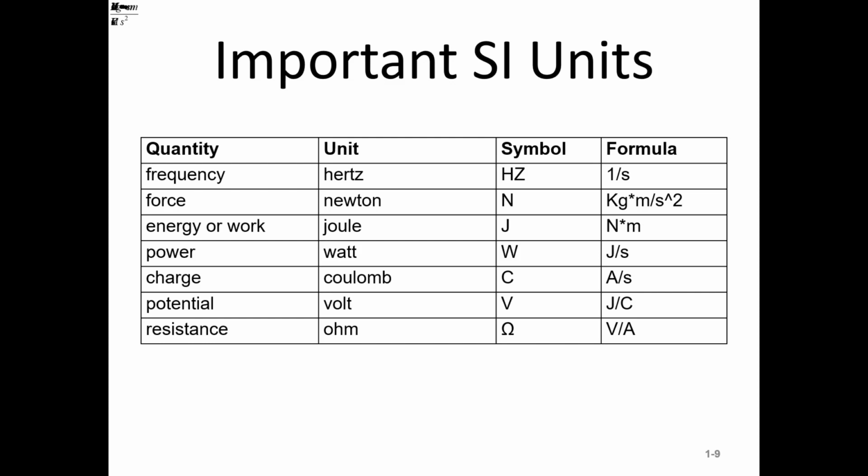The simplest one you could derive is frequency. That's 1 over time, right? It has the unit hertz, symbol Hz, and the formula is 1 over seconds, or 1 over time.